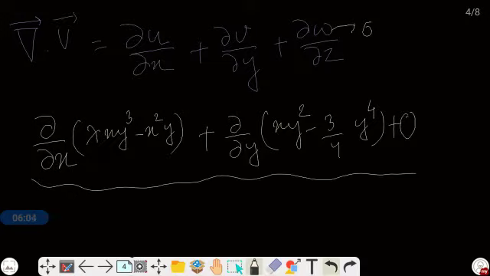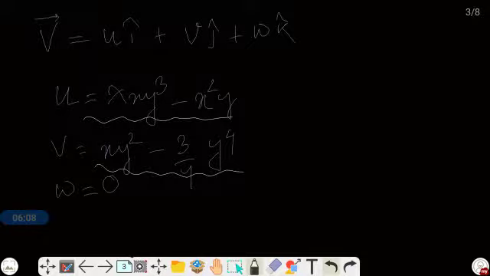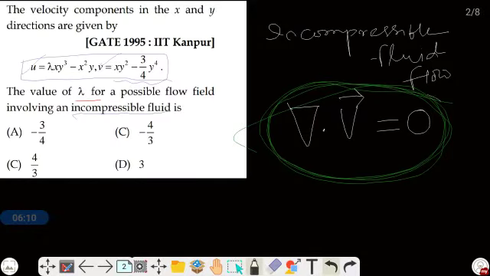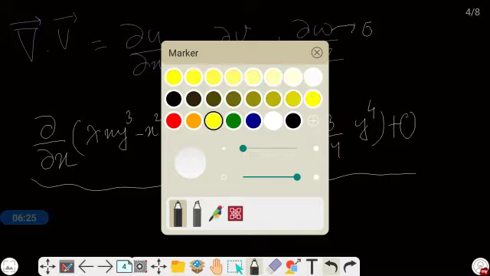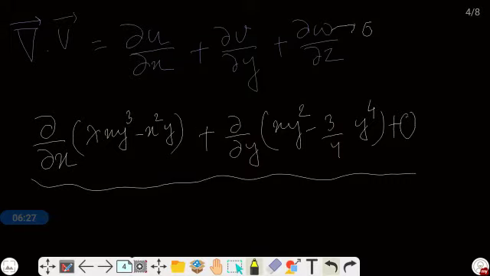This expression is basically del dot V, and for incompressible flow del dot V is equal to 0. The question asks for incompressible fluid flow, so this expression will be equal to 0.